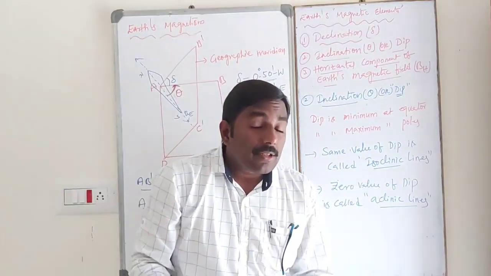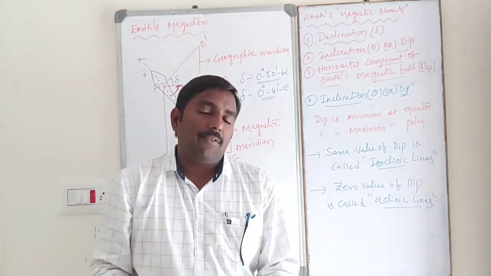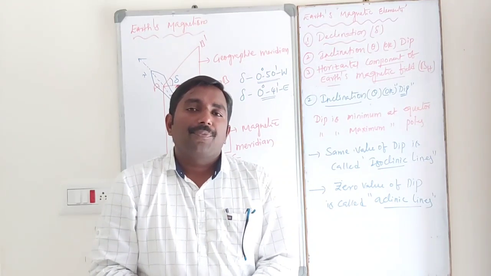At what place dip is maximum? Poles. At what place dip is minimum? Equator.